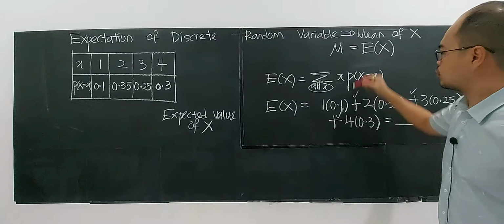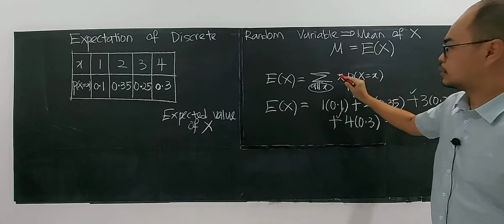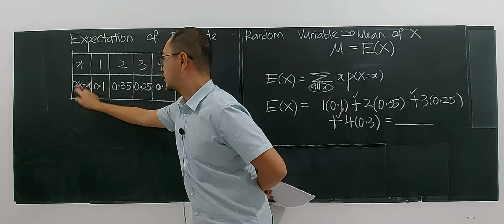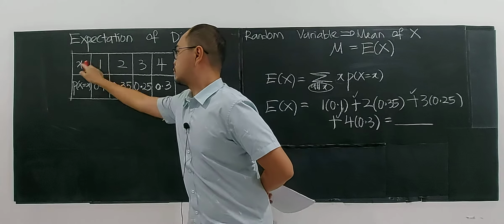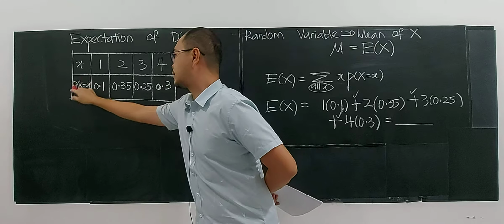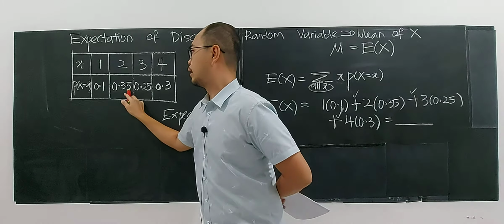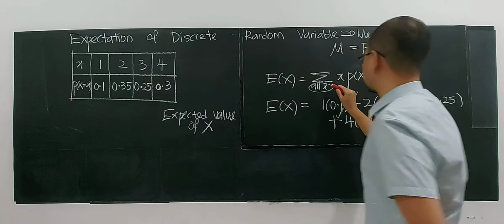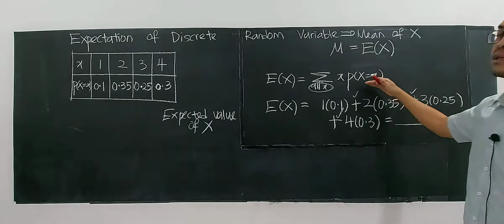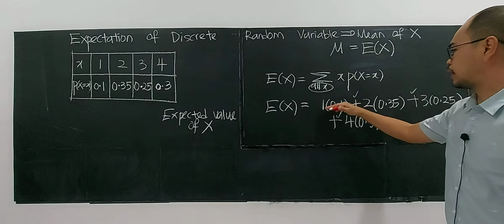So the x here means x equals 1 multiplied with its probability 0.1, then x equals 2 multiplied with the P(X) equals 0.35. Then you add again, meaning you add up all the x. That's the meaning. So that's why I'm doing this.